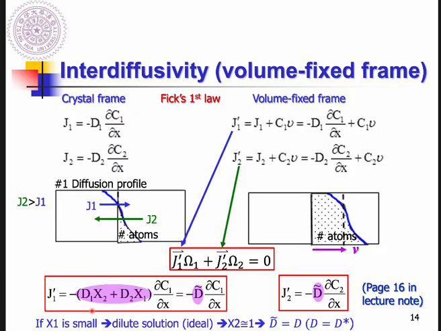But I want to explain a special case. If we assume a dilute solution or ideal mixing, we assume x1 is quite small, which means x2 equals 1. So you don't have this term, and this gets 1. We get the intrinsic diffusivity D1 equal to the interdiffusivity D. So under this special case, a dilute solution or ideal mixing solution, the interdiffusivity equals the intrinsic diffusivity.